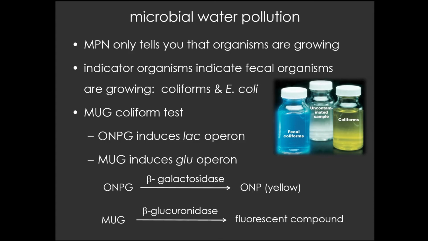Indicator organisms, as their name suggests, indicate the presence of fecal contamination. And the best indicator organism that we have available is Escherichia coli, because it's ubiquitous in the guts of human beings and most other mammals, and it can't survive for very long outside of the body.